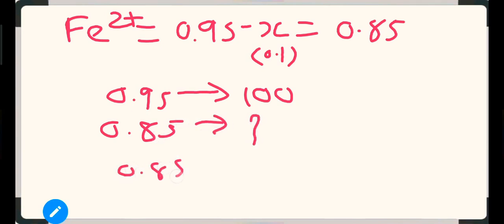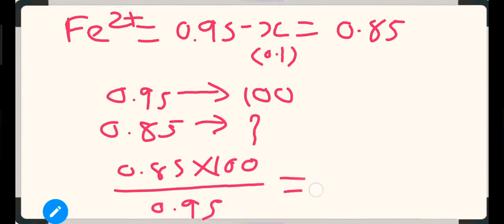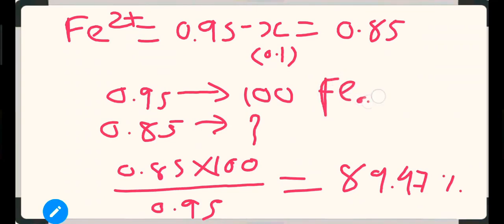So 0.85 multiplied by 100 divided by 0.95 is equal to 89.47%. Okay, so nearly 89.5% Fe+2 and 10.5% Fe+3 are present in Fe0.95O.